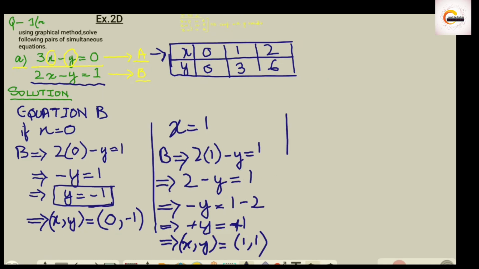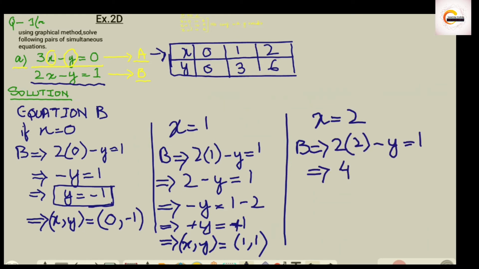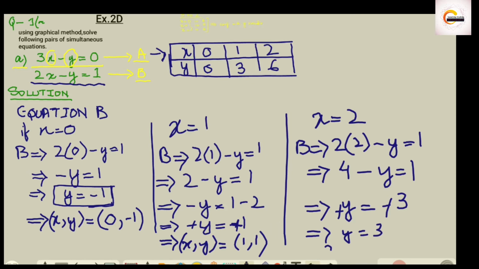Now, if x equals 2, then equation B will be 2 into 2 minus y equals 1, which means 4 minus y equals 1. Minus y equals minus 3, the minus signs cancel, so y equals 3, and we can say (x, y) equals (2, 3). So these are the 3 coordinates.